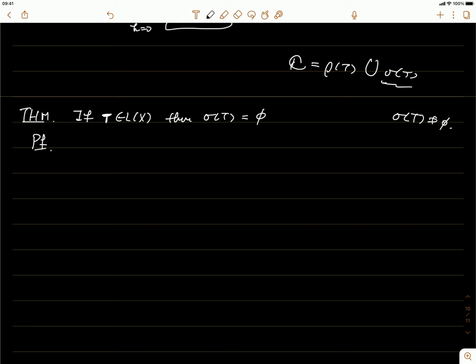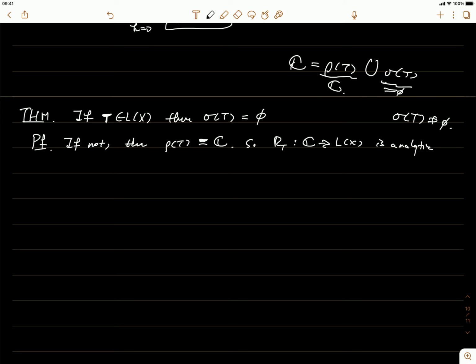But if sigma T is the empty set, then it just means that rho T is the whole C, the entire C. And we know that R_T, the resolvent, is analytic everywhere, right?